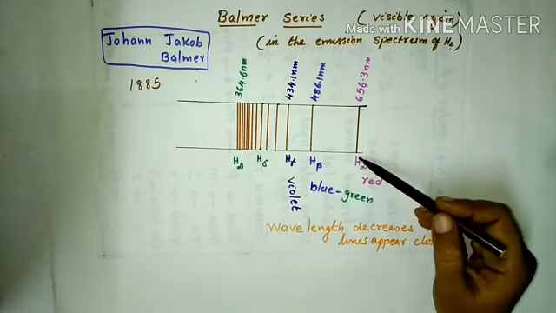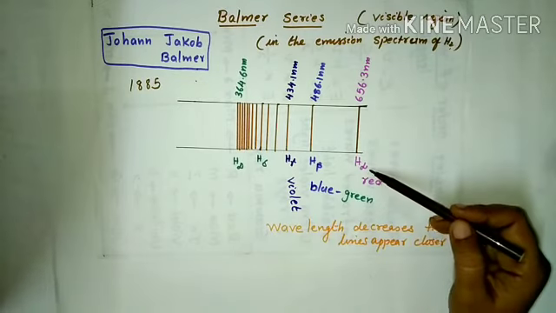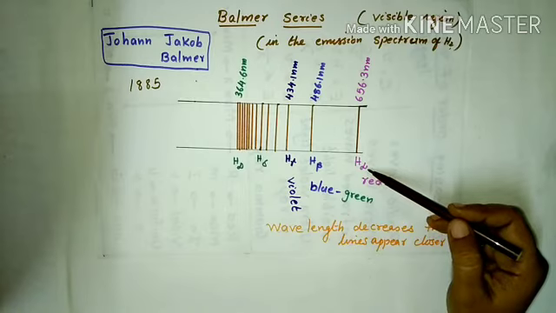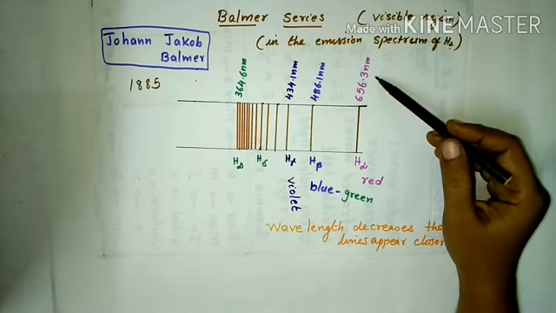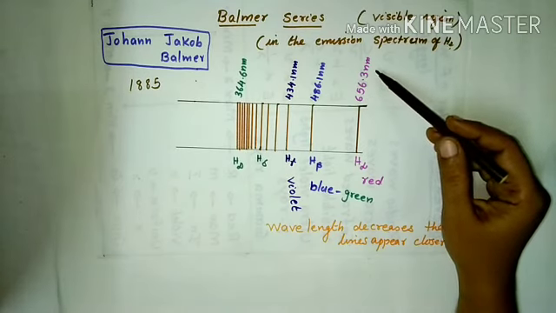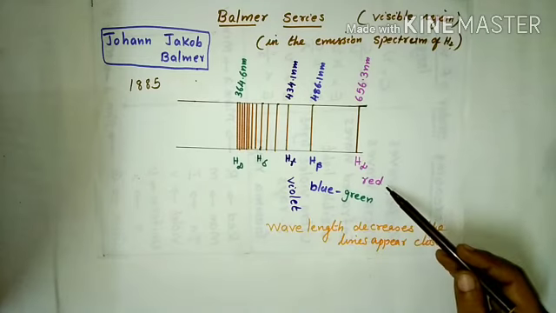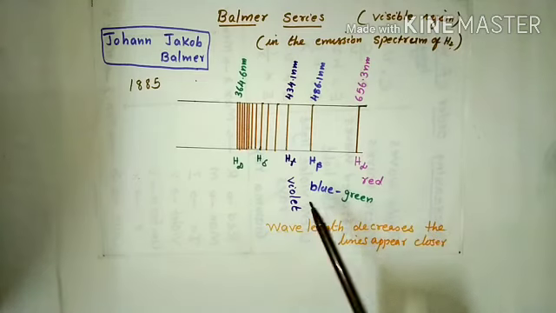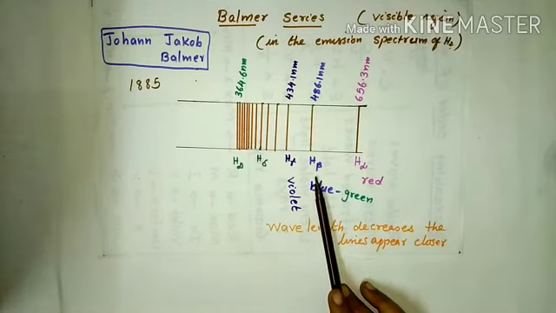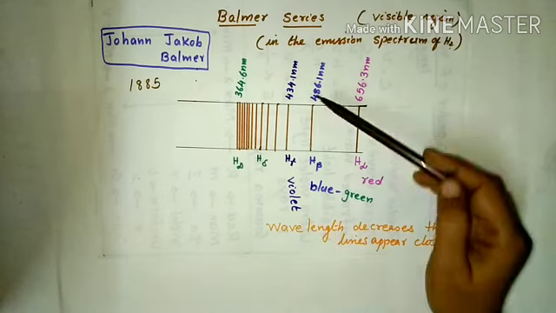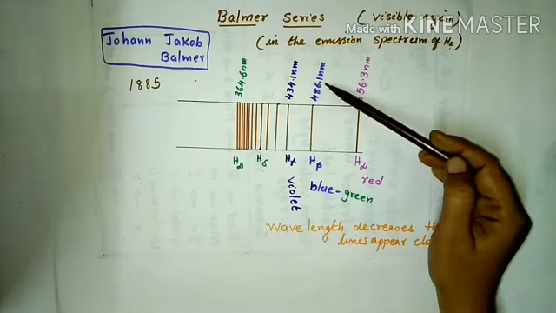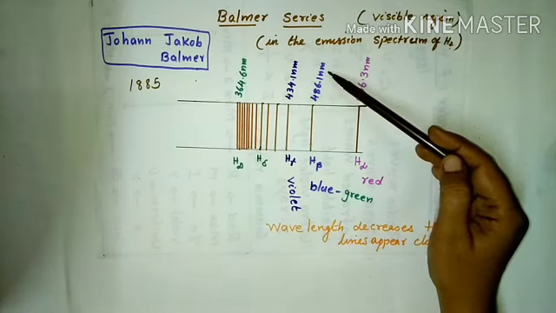The first line in the Balmer series is known as the H alpha line. It has the longest wavelength, 656.3 nanometer, and it is in the red region of the visible spectrum. Then the second line is known as the H beta line, in the blue-green region, with wavelength 486.1 nanometer.